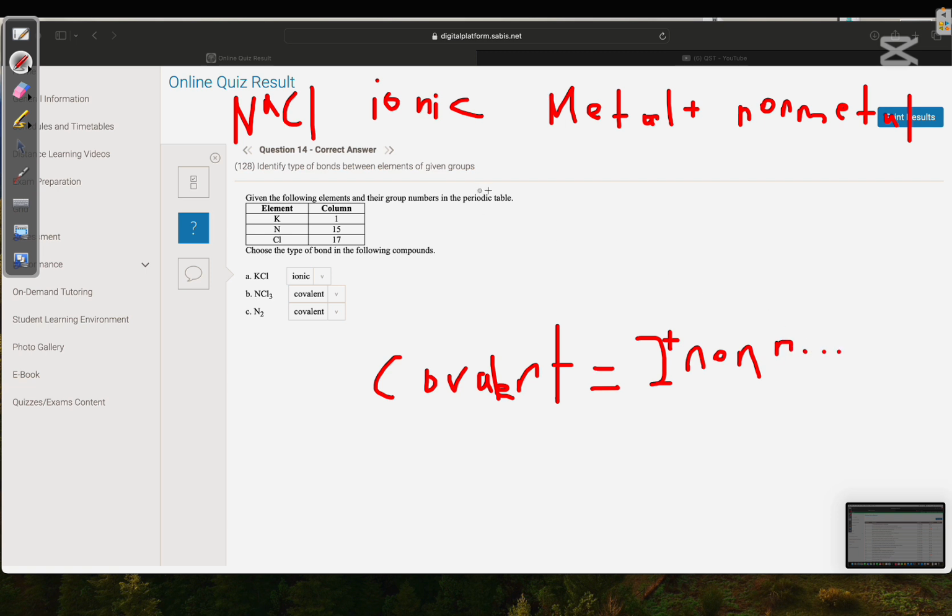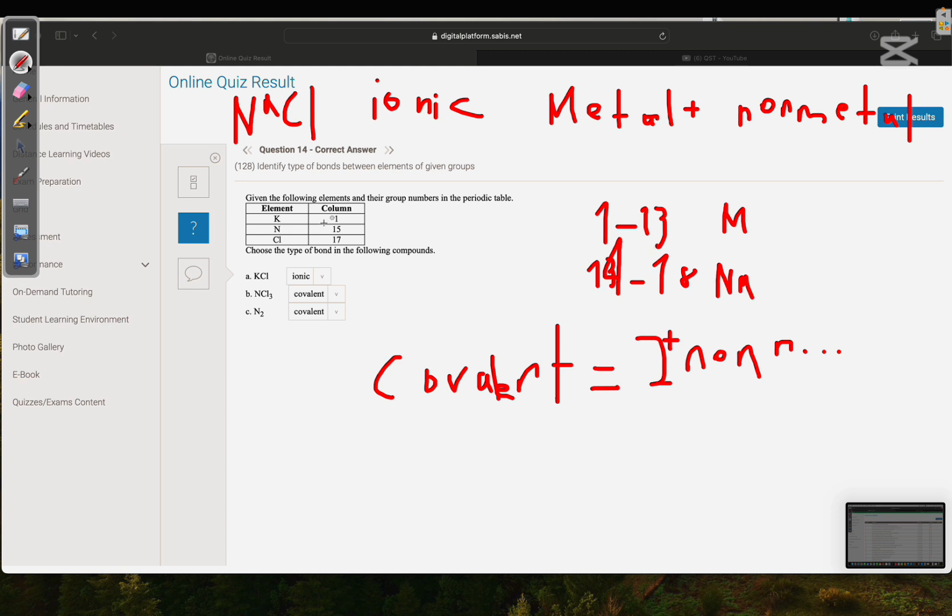Okay, now from group 1 to 13, that is metals, and then from group 14 to 18, that's non-metals.